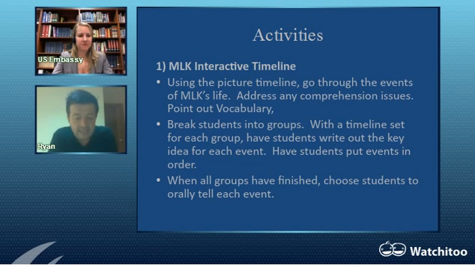The activity is in two parts. Part one is a timeline activity, working with the important events in Martin Luther King Jr.'s life. We have submitted this timeline on slideshow.com, so you can have access to that link at the end of this PowerPoint.